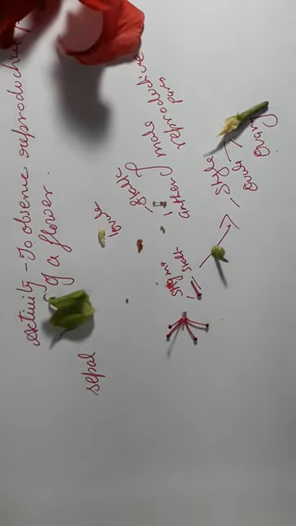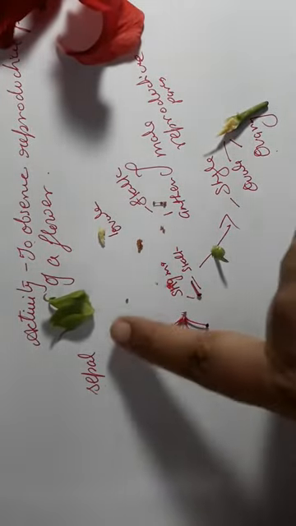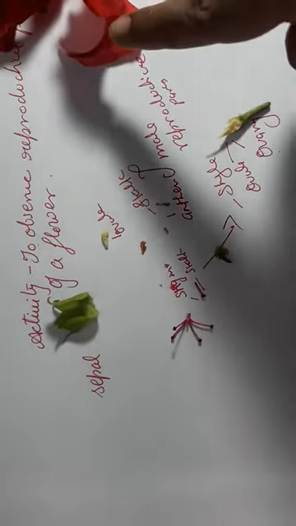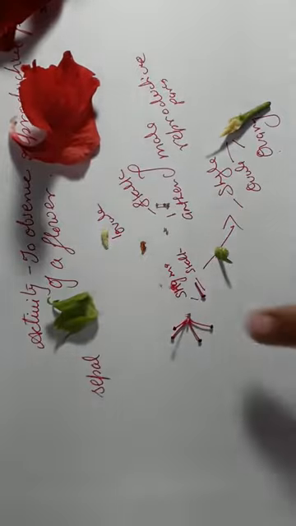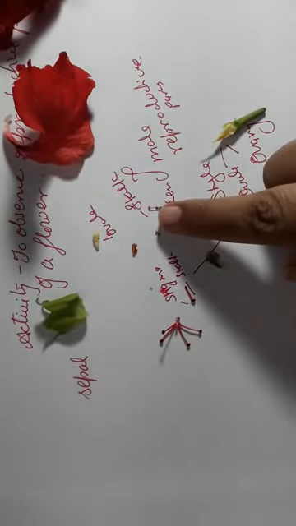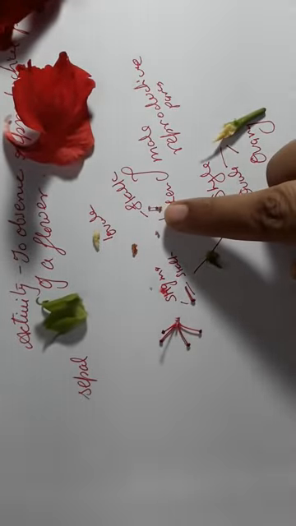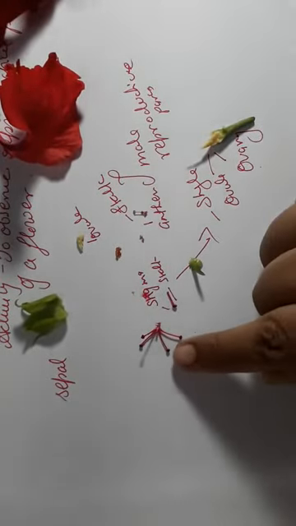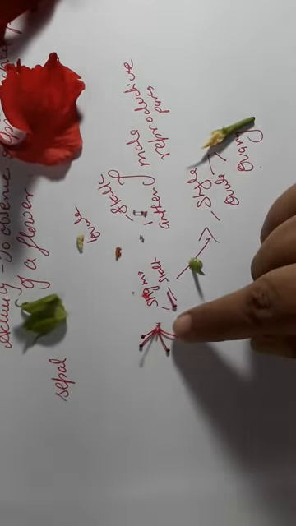So let's recapitulate once again. These are the sepals to protect the bud. These are the petals to attract the pollinators. Then this is the male reproductive part, with the anther, the yellow one, and the longer one is the filament, which is its stalk. This is the stigma, and this is its stalk.